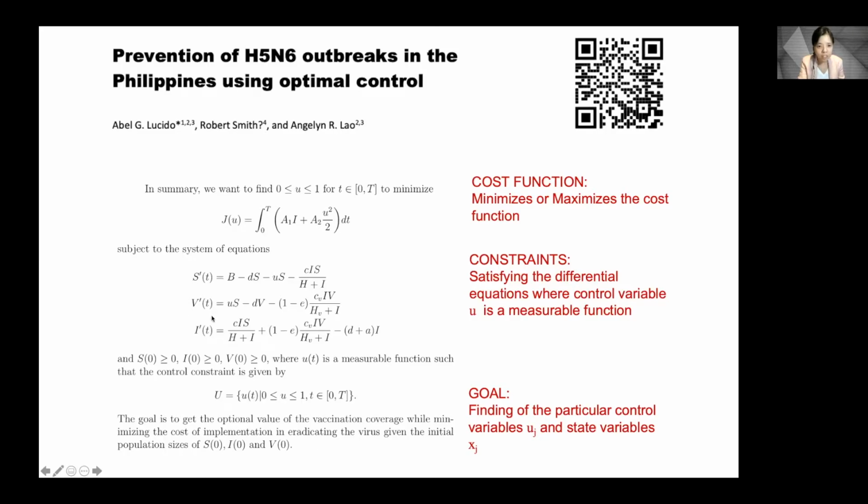This is for the vaccination. While satisfying these constraints, or differential equations, the goal is to find a particular control variable u and state variable x such that this will be satisfied and this will be optimized.